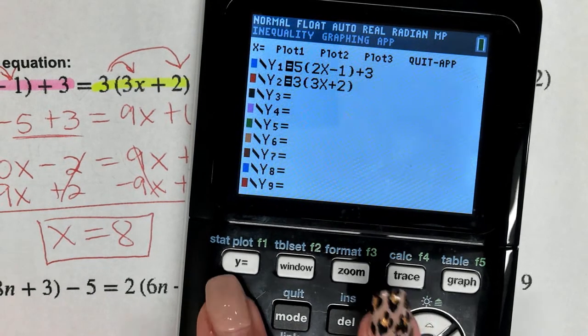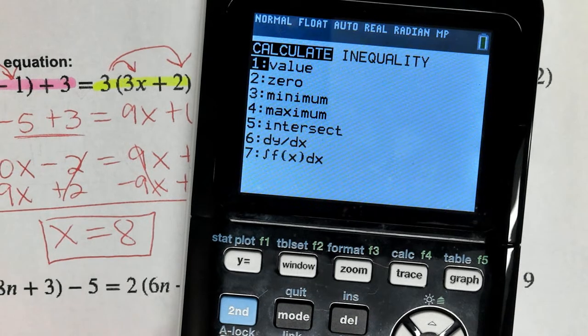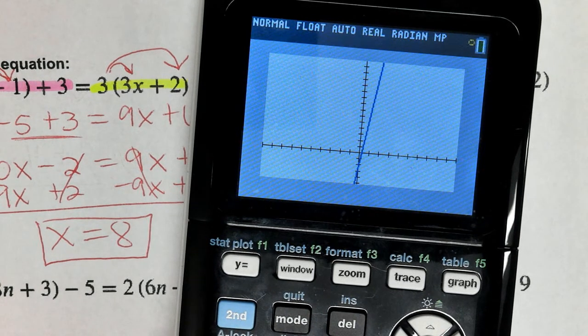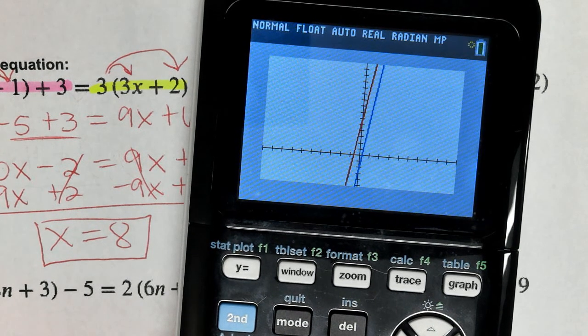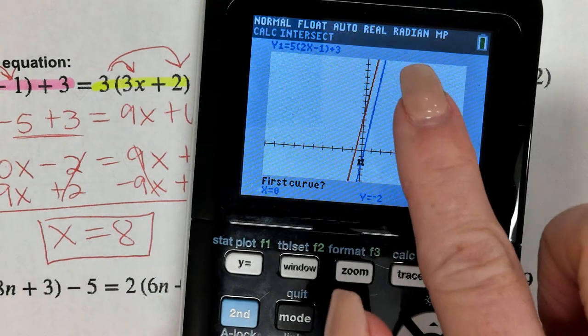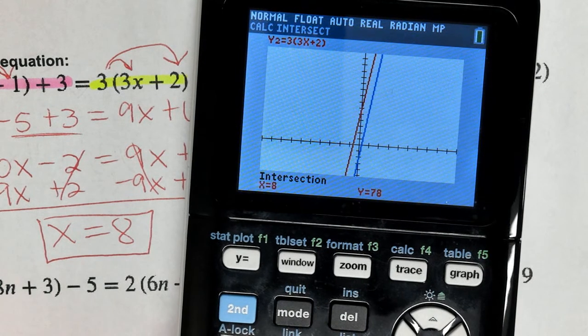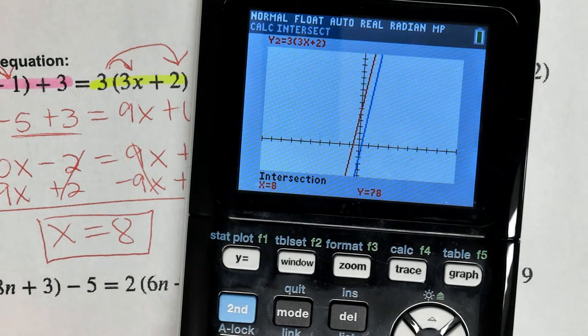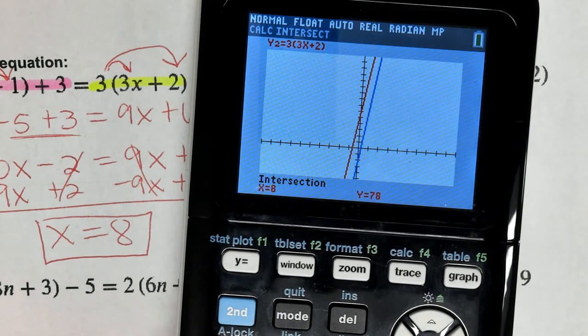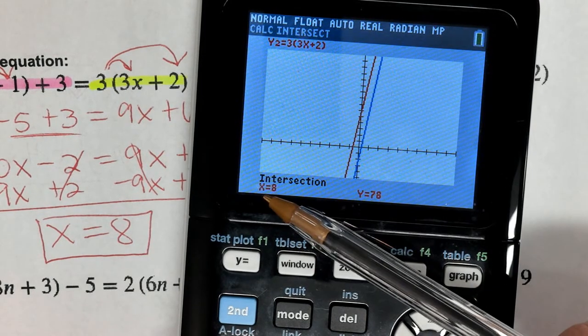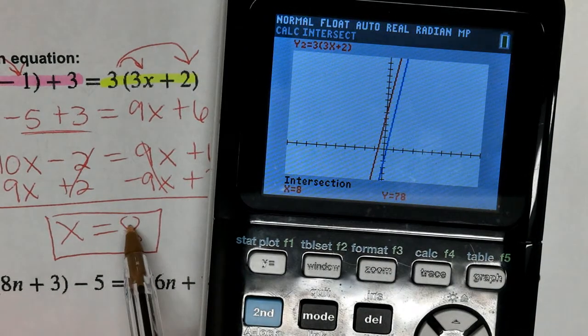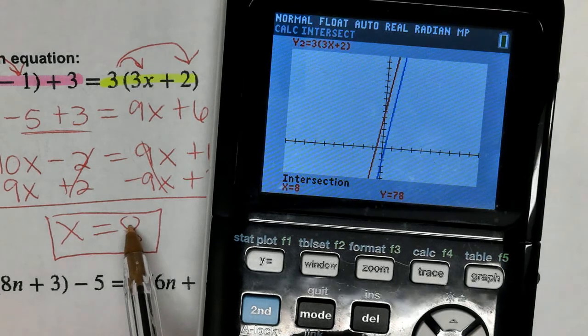Go to second trace, option 5, wait for it to graph. Remember that if you can't see the intersection, it might give you an error. You can try enter, enter, enter. It didn't give me an error, it gave me the answer. If you get an error, you just need to zoom out. So my answer was x equals 8. Is that what I got? So you should never miss an equation.